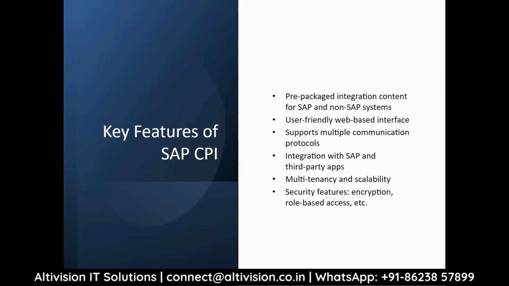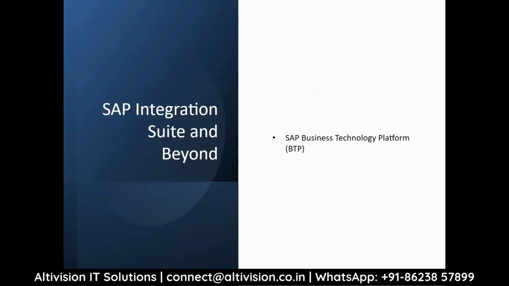We also need to understand that we can create flows from SAP to non-SAP systems and from non-SAP to SAP systems as well. That is giving you the edge, because you can use the pre-built packages provided by SAP. Where can you find them? You can find them in the Discover tab of CPI. We will show you in a later session, but for now you can see it here.